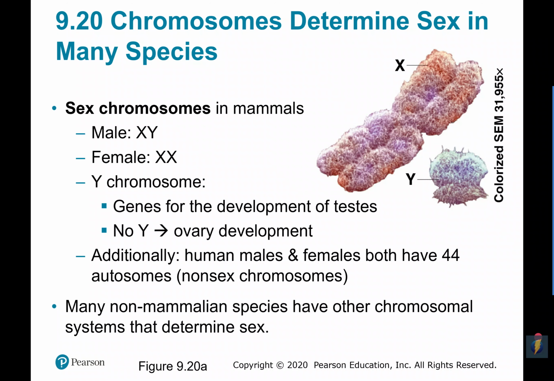So the testes, testosterone, all of the male sex features, all of the genes for that are only located on the Y chromosome. And when a female inherits her 2 X chromosomes, since she does not have a Y chromosome, the ovaries are allowed to develop then.